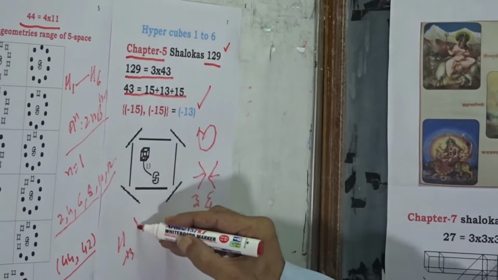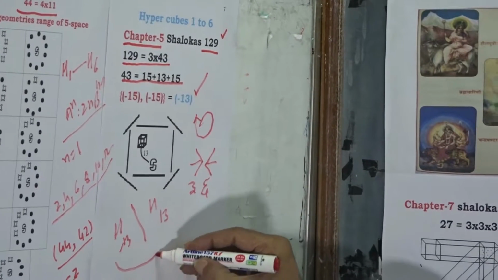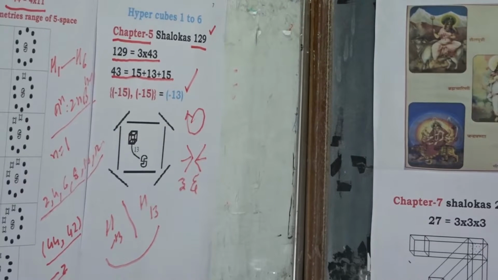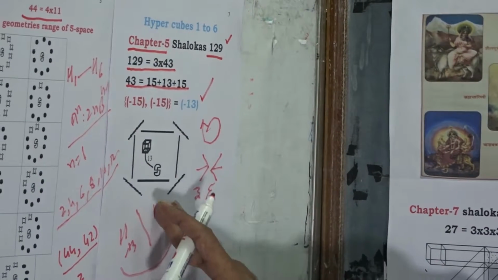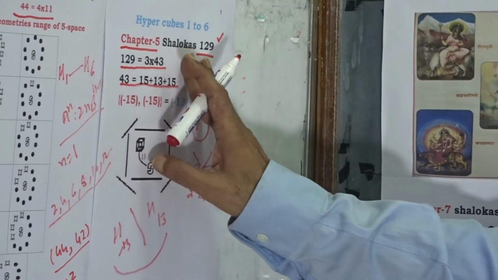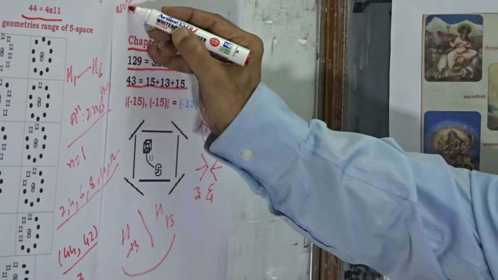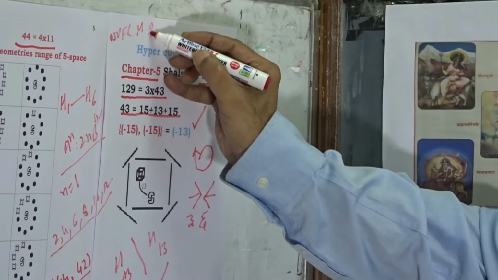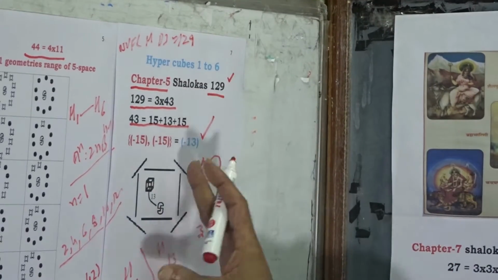It is this reach from hypercube 13 to hypercube minus 13 which is the unique attainment of the organization format, which at chapter 5 is a range of value 129, and with NVF of half dimension is equal to 129. These are the features which deserve to be comprehended well.